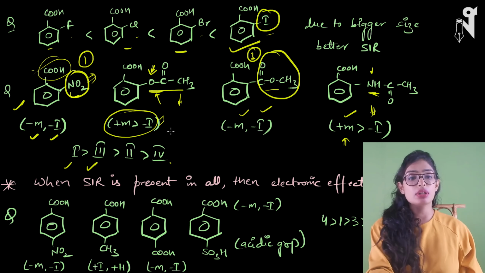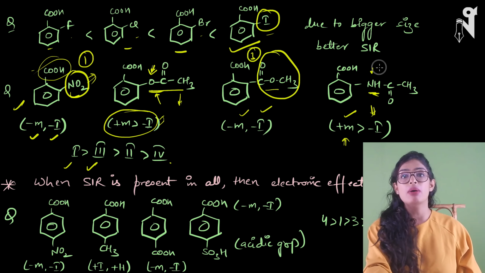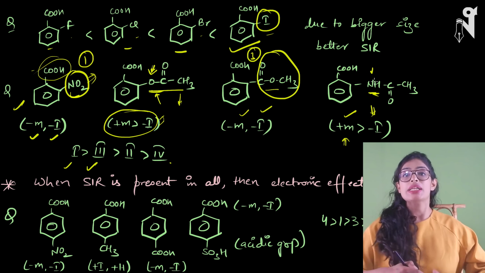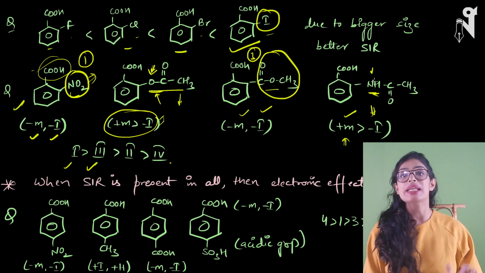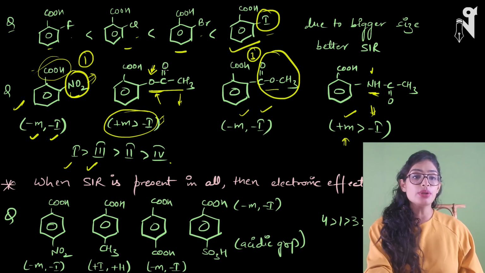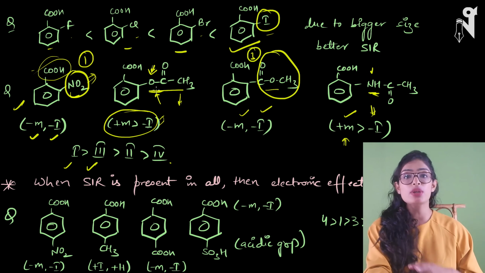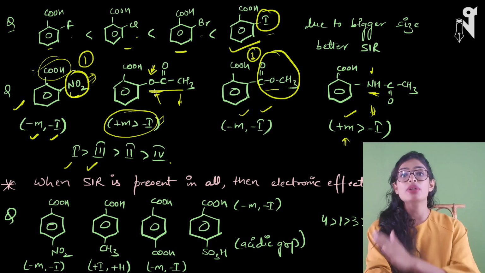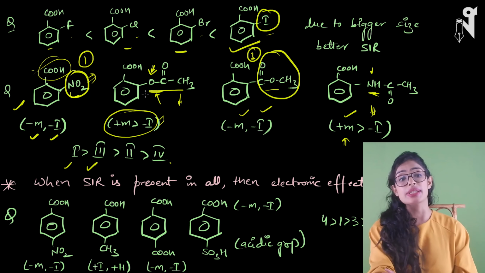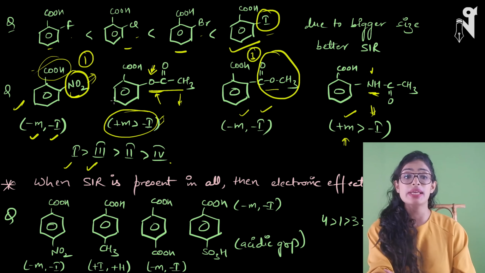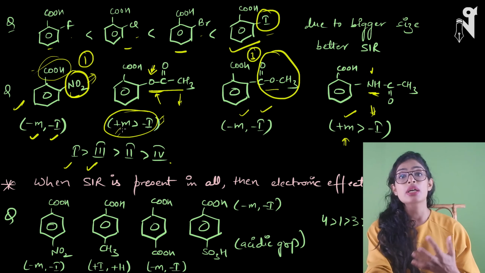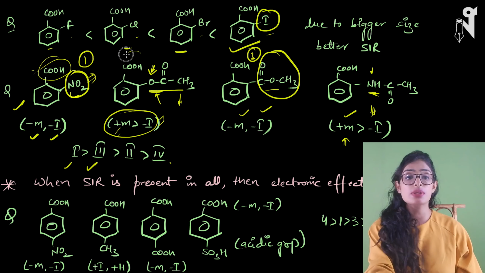When we talk about the second compound and the fourth compound, both are electron donating through resonance but electron withdrawing through inductive. Now the donating effect is definitely overpowering your inductive effect, but as we have already discussed, COOH is out of resonance and its mesomeric effect should not affect your COOH acidic strength much.